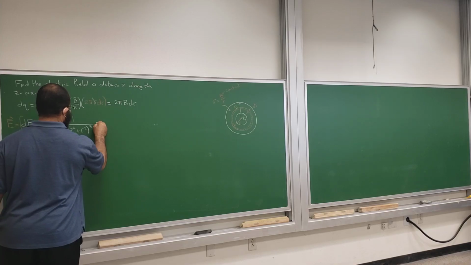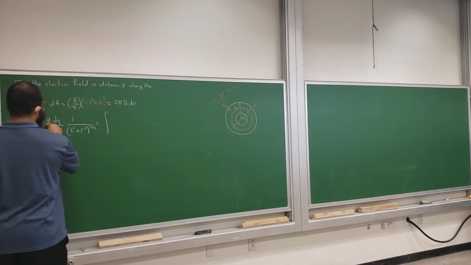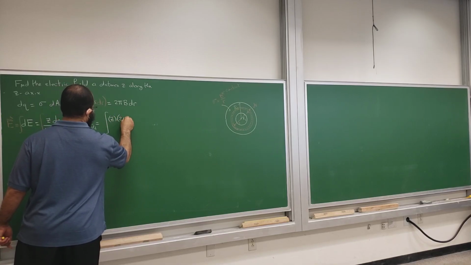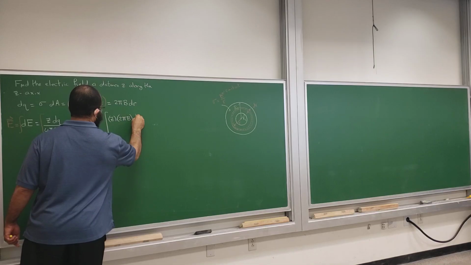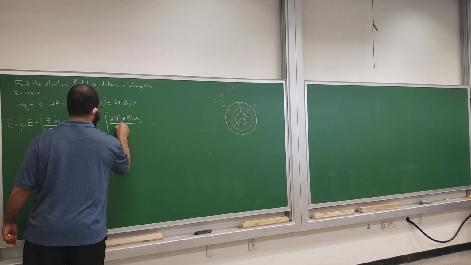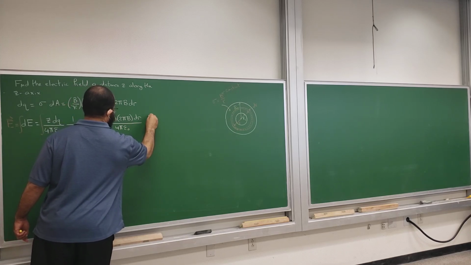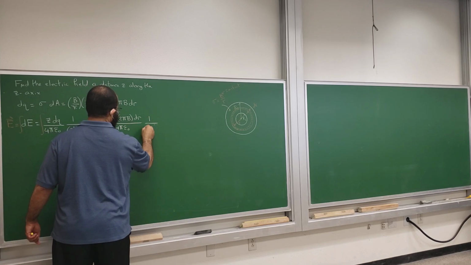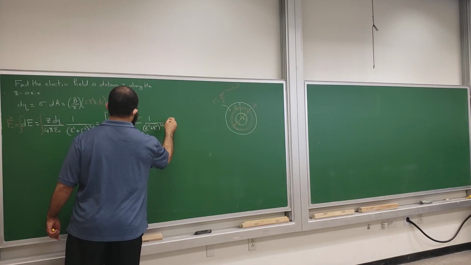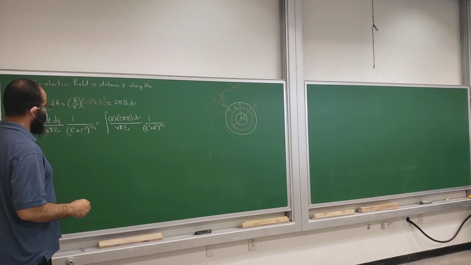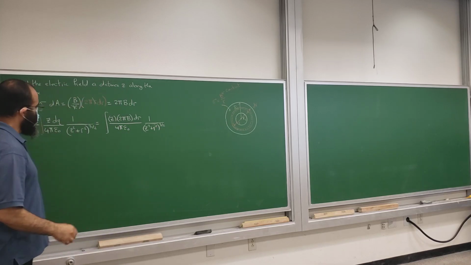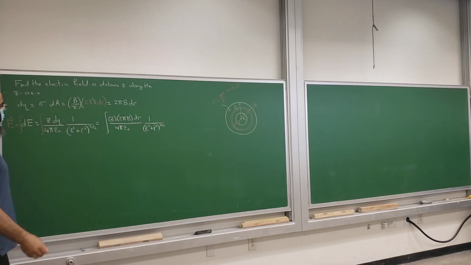Let's put it all together: z times dq, which is 2 pi b dr, over 4 pi epsilon naught, and then 1 over z squared plus r squared to the 3 halves.